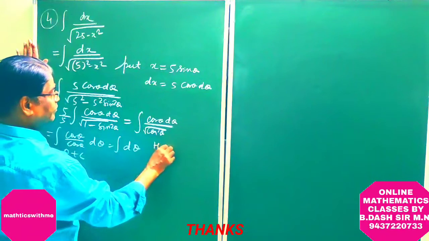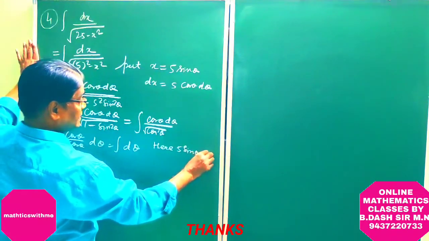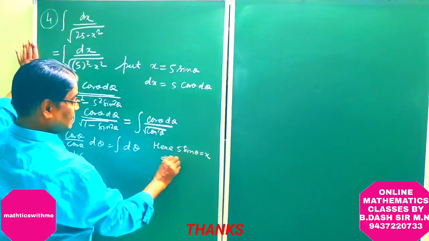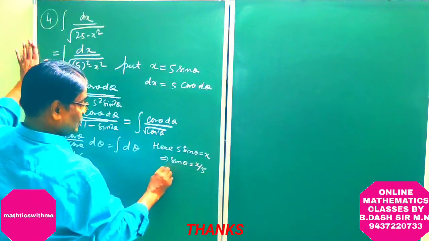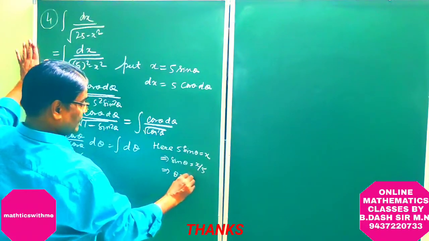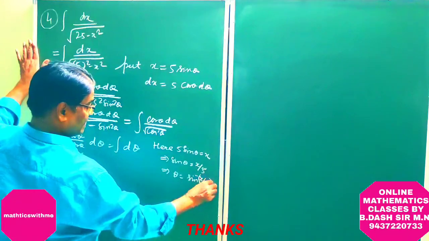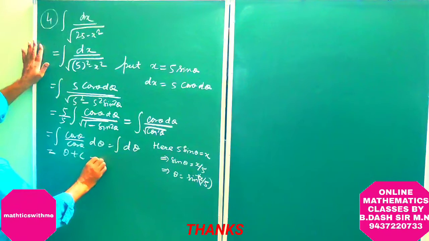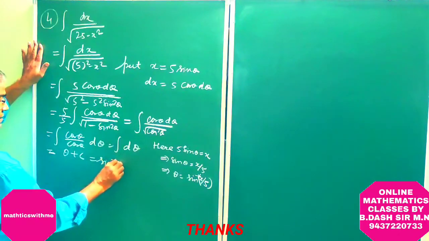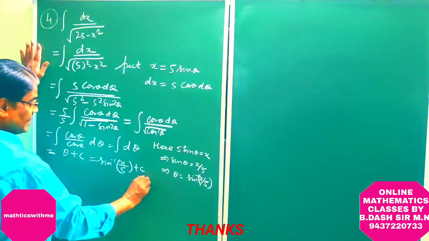Here 5 sin theta is equal to x, implies sin theta is equal to x by 5, implies theta is equal to sin inverse x by 5. So putting the value here, we get sin inverse x by 5 plus c. Answer.